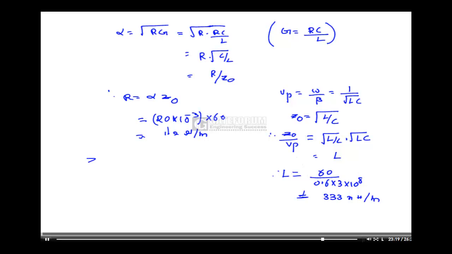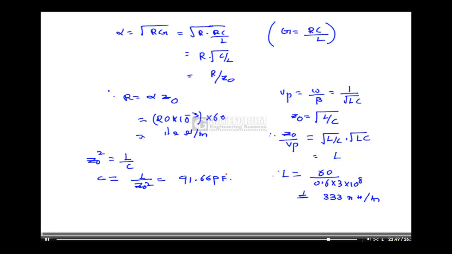Z naught square is equal to L by C, because Z naught is equal to square root of L by C. L is known, Z naught is known. Then C is equal to L by Z naught square. If you calculate this, you will get around 91.66 picofarad.